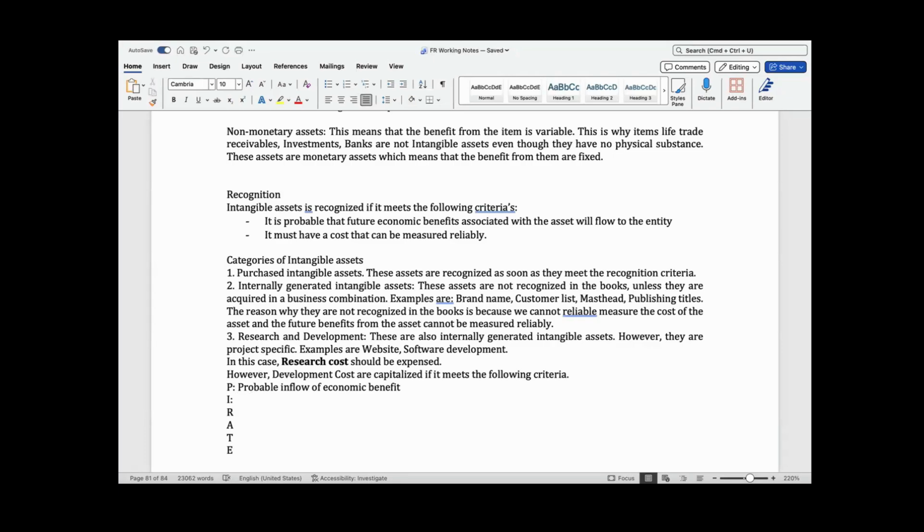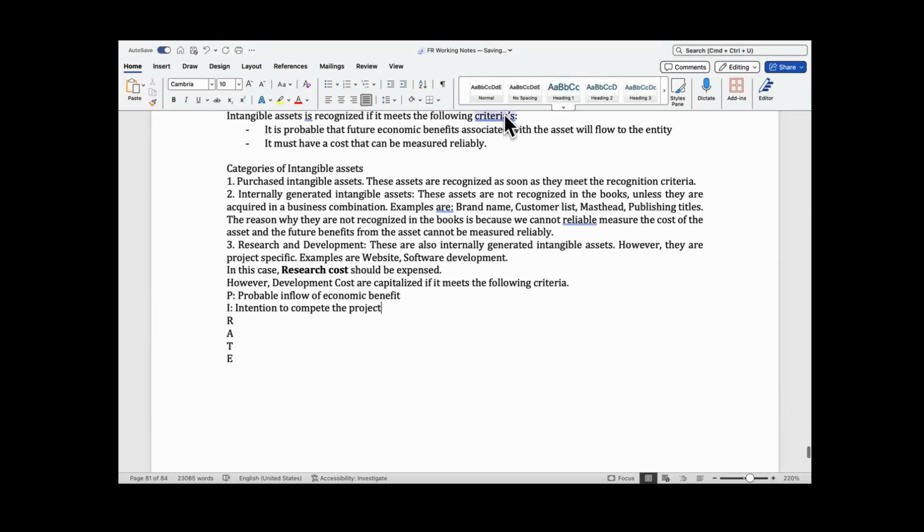Then also, you have the intention to complete, then fantastic. Also, resources are available to complete the project. Also, you have the ability.